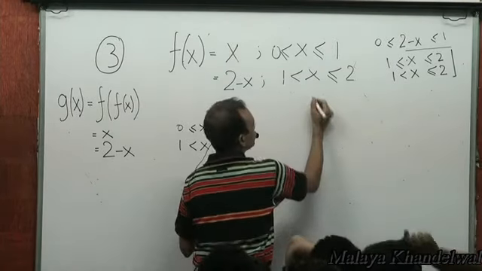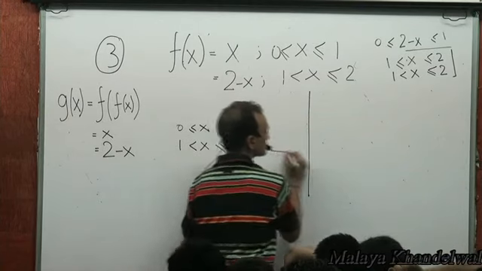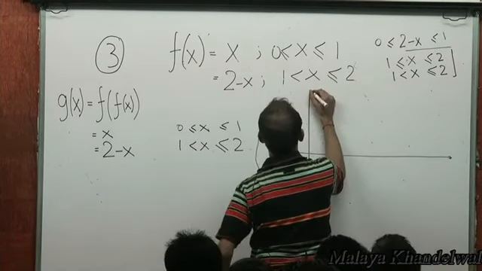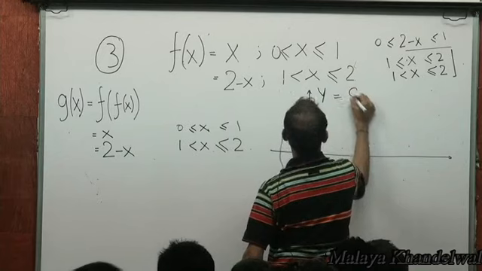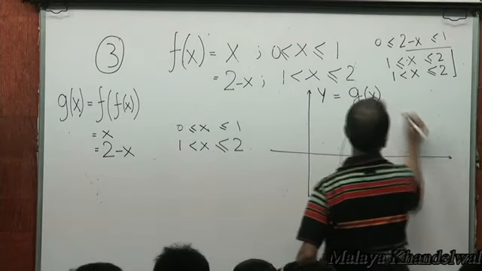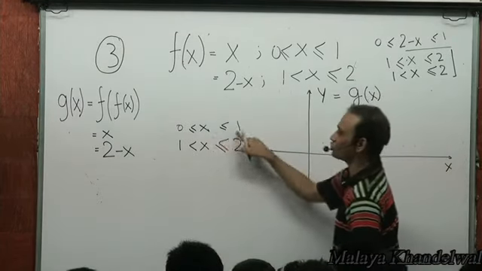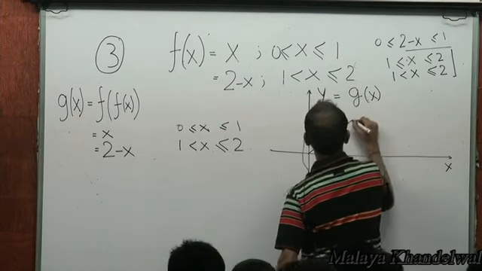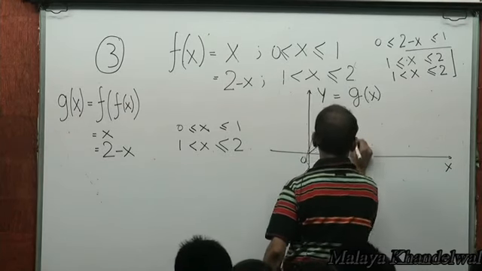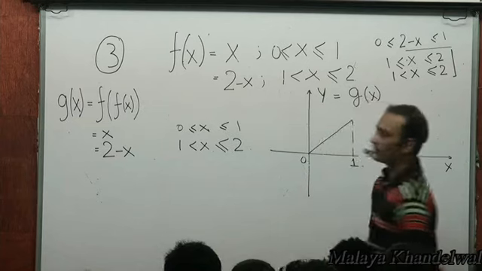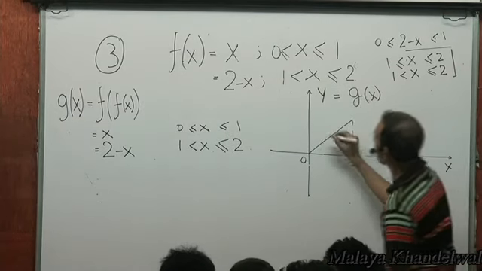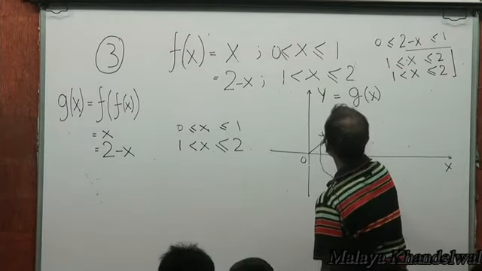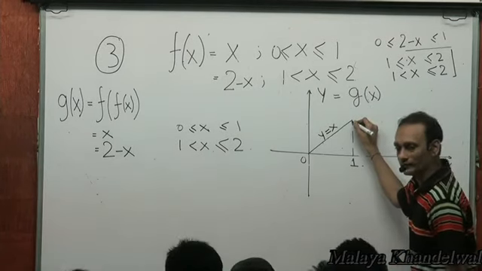See, if I have to draw the graph of gx, that is f of x, then in the interval 0 to 1, it goes as a straight line y equal to x. When x lies between 0 and 1, it goes as y equal to x. At x equal to 1, it assumes a value 1.